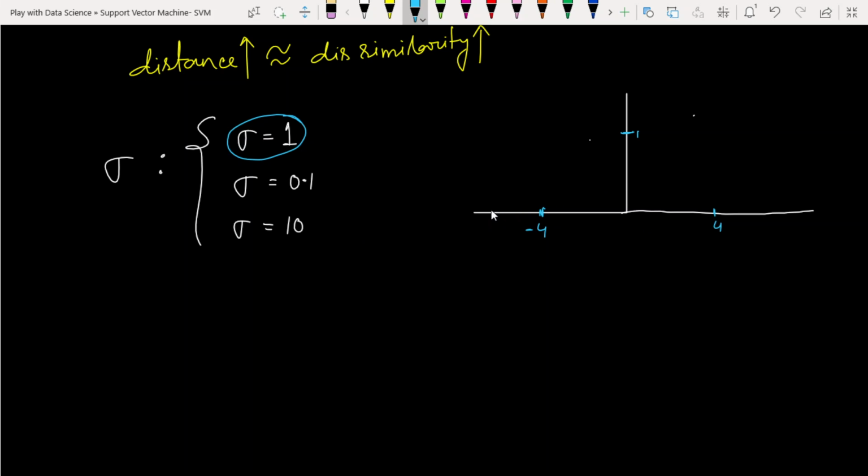When the distance is 0, the kernel takes its maximum, and after that it takes this kind of picture that we have seen for lambda equal to 1. This is our kernel. Now consider the point 1, with minus 1 and 1 here. Then the function will be like this.